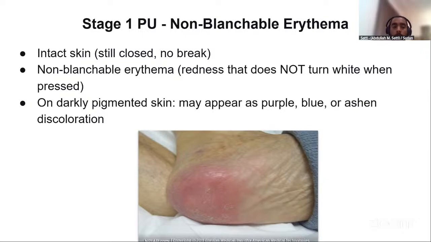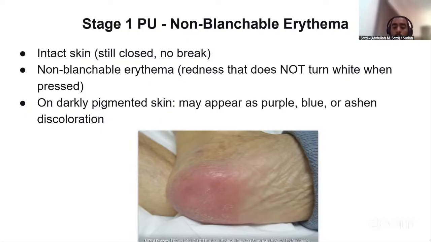So in stage 1, the skin is intact. There are no breaks, but there is erythema. And when you press on this erythema, you would expect that the blood would go and fade away and the skin would turn white. But in a stage 1 ulcer, the erythema does not blanch.